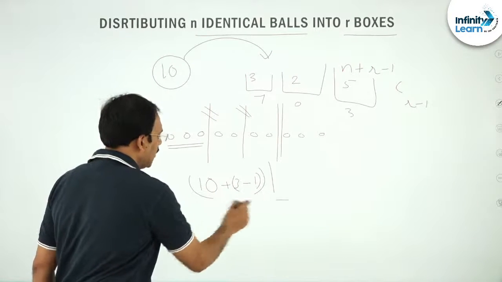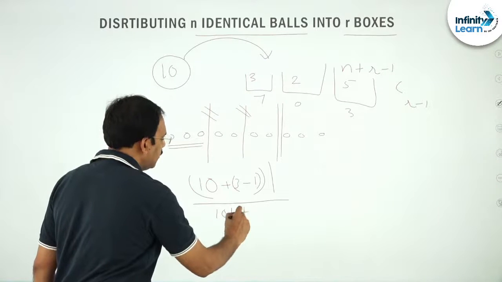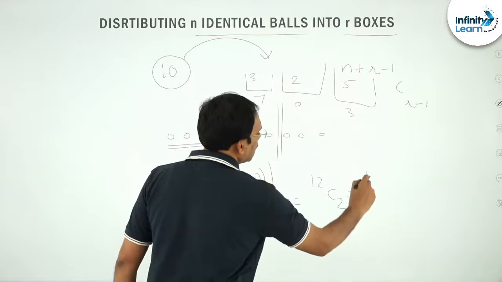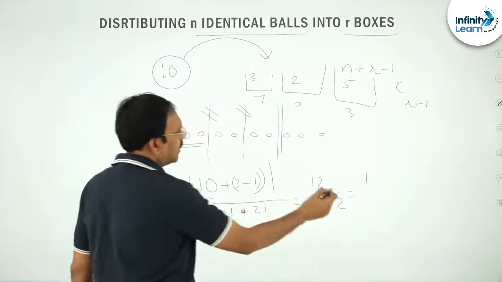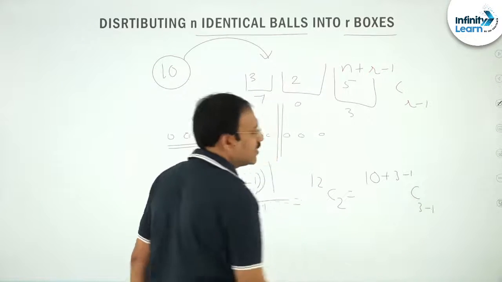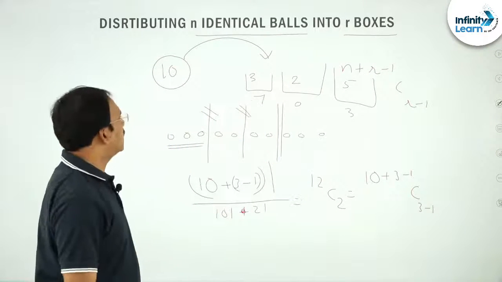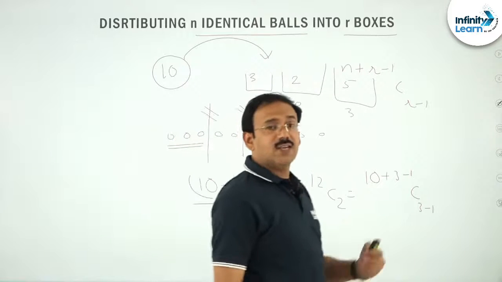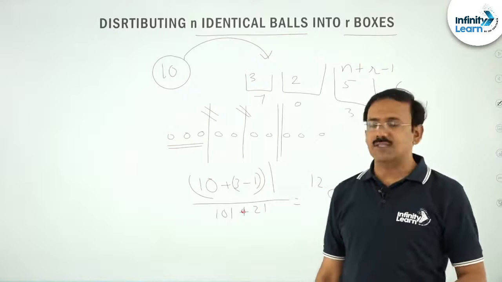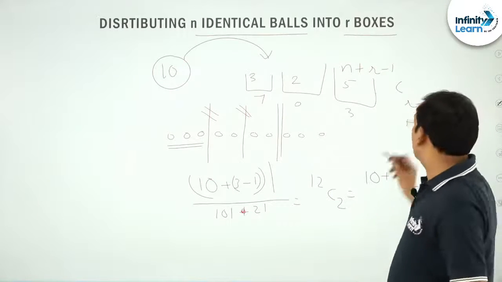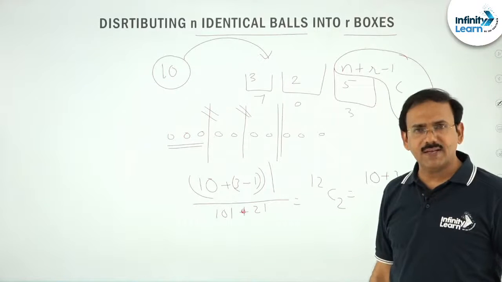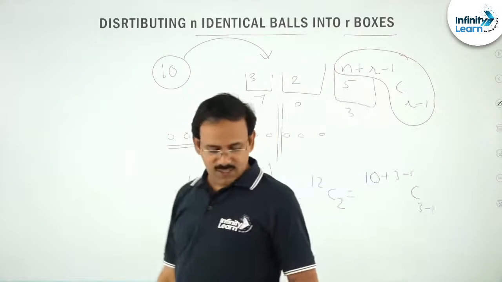That is 12 factorial by 10 factorial into 2 factorial, which is 12C2, where 12 is nothing but 10 balls plus 3 boxes minus 1, C 3 minus 1. So you know the number of ways of distributing n identical objects into R boxes, without any restriction, is n plus R minus 1 C R minus 1. Am I correct? n plus R minus 1 C R minus 1.